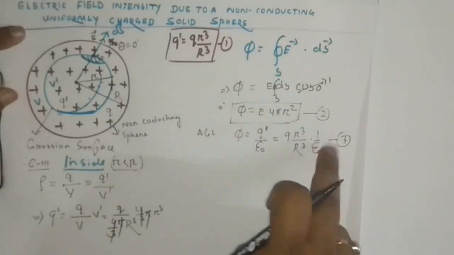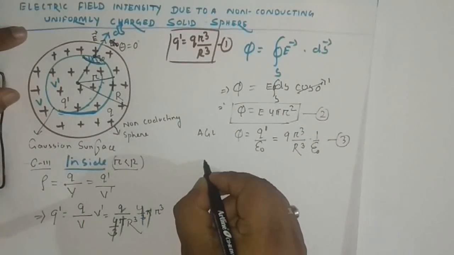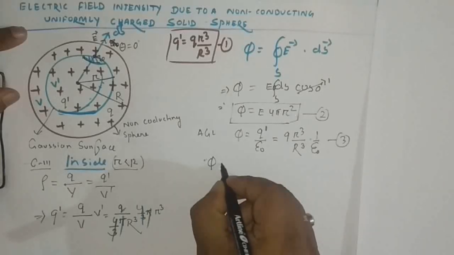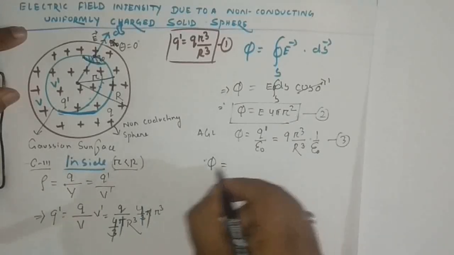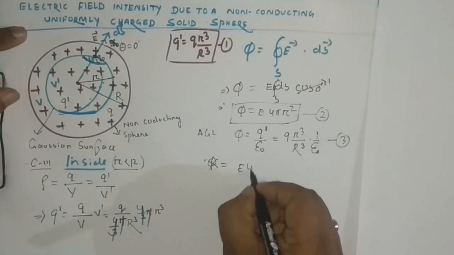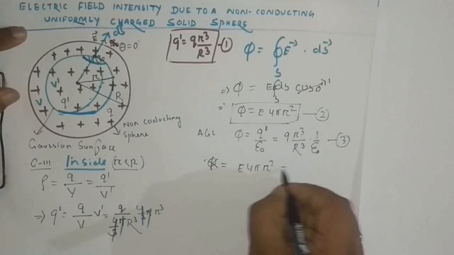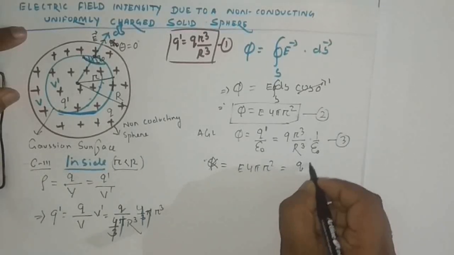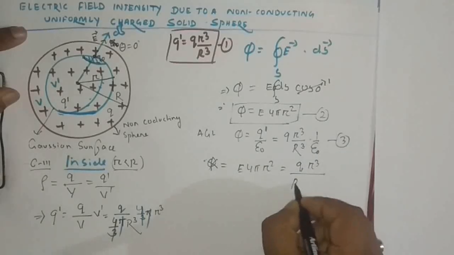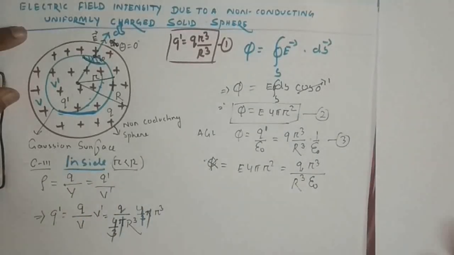Now from equation 2 and 3, we got flux equal to, my mistake, E into 4 pi r square is equal to Q times r cubed by capital R cubed into epsilon naught.